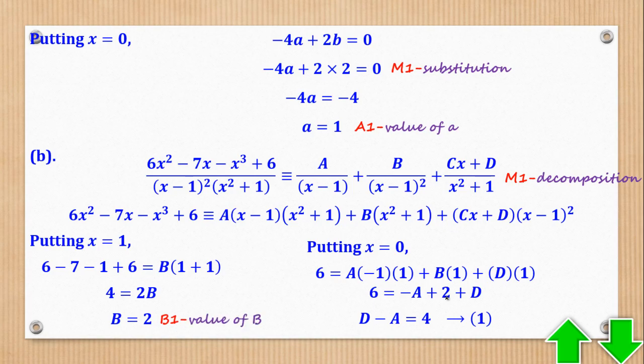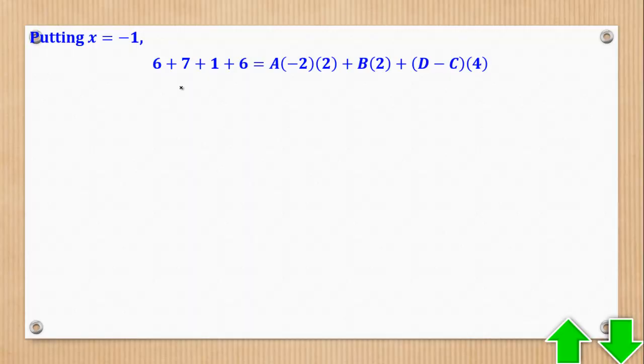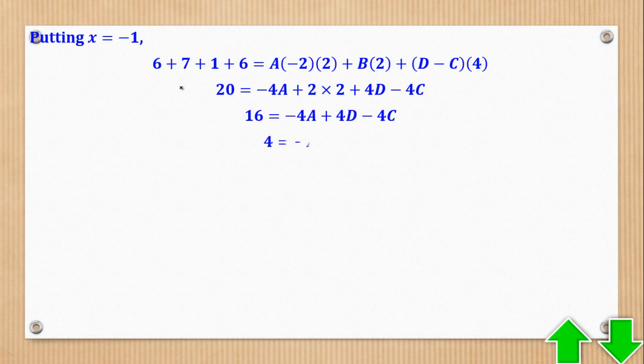So here you just keep on choosing different values, but they should be smaller to avoid complexity in simplifying. So putting x equal to -1, I'll come up with that. We can be simplified to get equation 2 now. Now there are two equations, but do you see something?